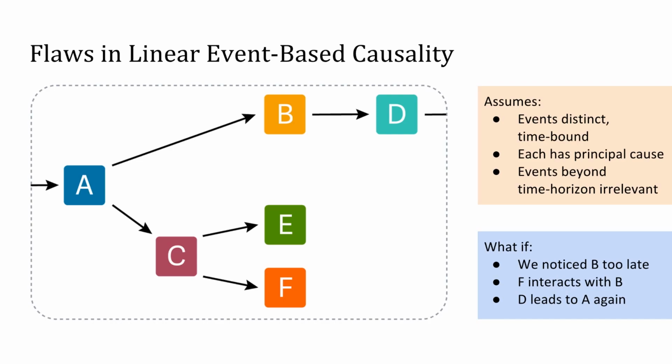And then finally, there's the question of, what if D leads to A again? And we have this loop structure where A leads to B, leads to D, leads to A, etc. But because our time horizon is limited and too short, we don't recognize this overarching pattern, which may help us gain insight into how this system is behaving.